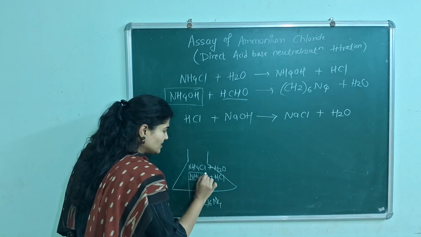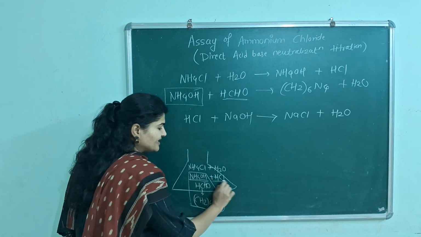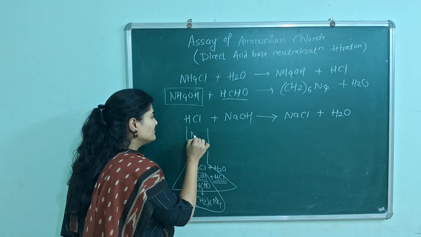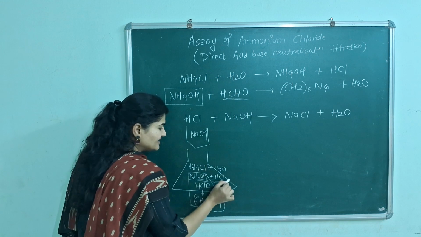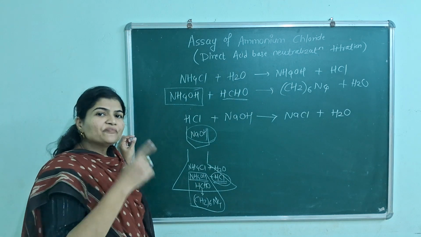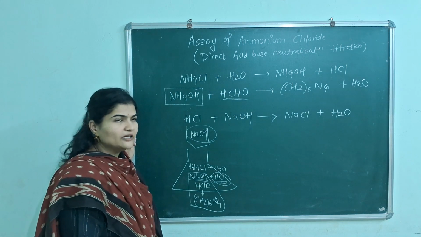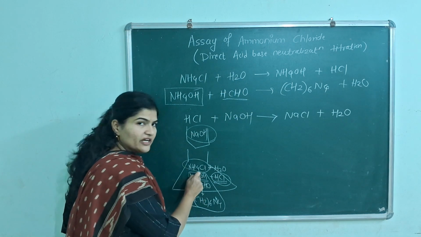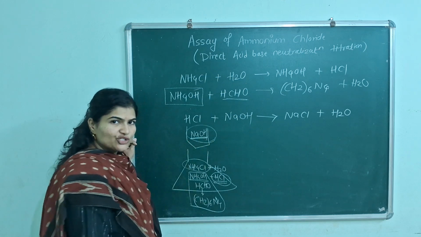So it is now in soluble complex form and HCl is remaining in the conical flask, and then in the burette we will take sodium hydroxide, and this HCl and sodium hydroxide can then be quantitatively titrated with each other, right? Now here the analyte is ammonium chloride and the titrant is NaOH.